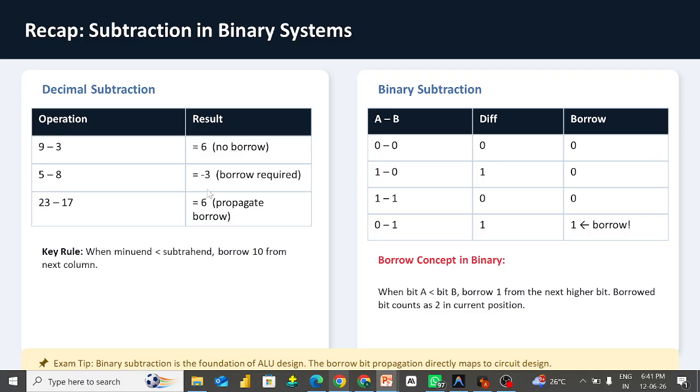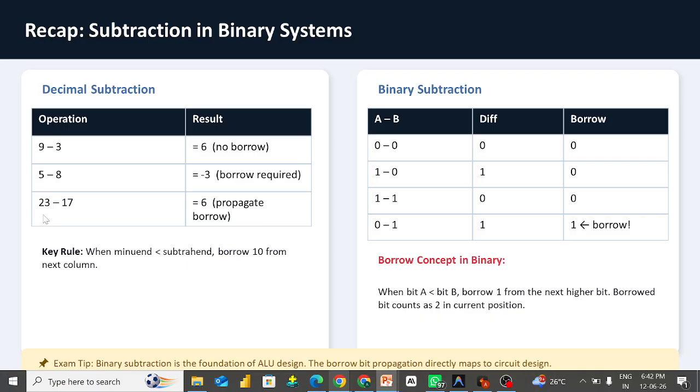A computer can't read negative, it can only understand 1 and 0. So that time there is a concept called borrow. You need to borrow from other bits so you can correctly evaluate that operation. So you will get why we have propagate borrow.